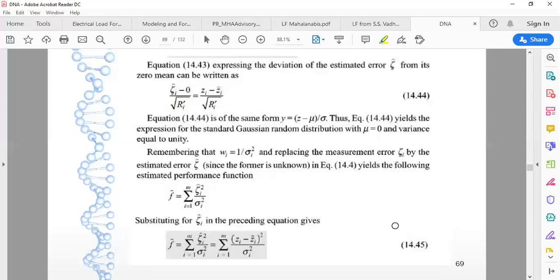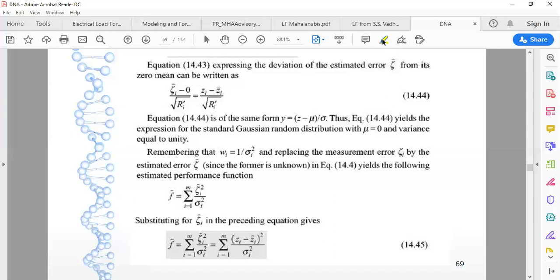Now with the same thing, we want to find out the performance index. So the performance index function can also be mathematically represented with sigma. See, over here we are using two sigmas, keep this in mind. This is uppercase sigma and this is lowercase sigma. So from now onwards, don't get confused. If I pronounce sigma, I will say uppercase sigma for this, and lowercase sigma for this.